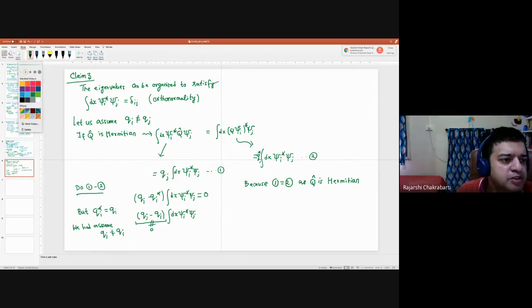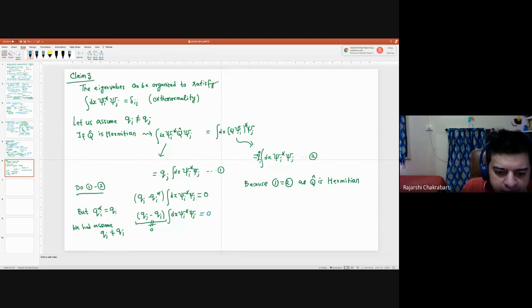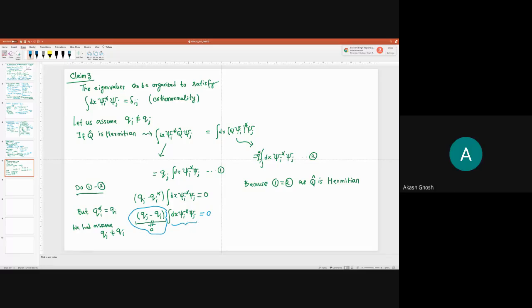Someone tell me from MSc Maths. The whole quantity is 0. But then this quantity cannot be 0. Then how is it possible? Then the integral of dx psi i star psi j has to be 0.